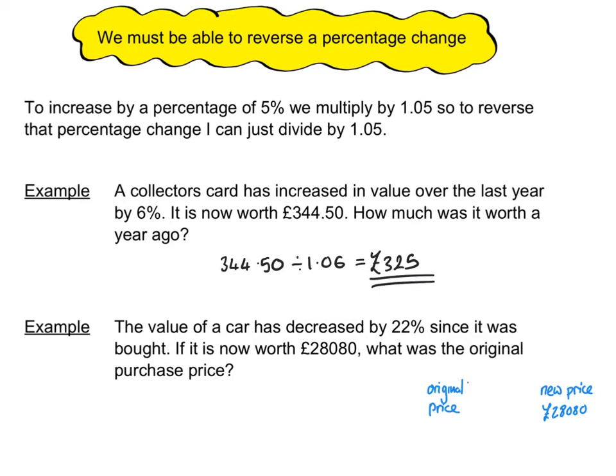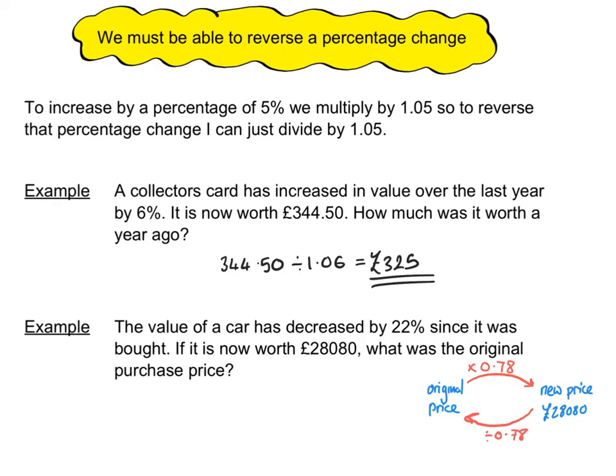So somebody had to take that original price and multiply it by 0.78 to decrease the value by 22%. So we need to undo that change. So to undo a multiplication by 0.78, we simply do the opposite, so we're going to divide by 0.78.